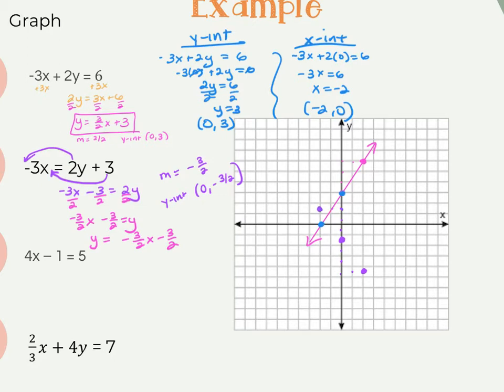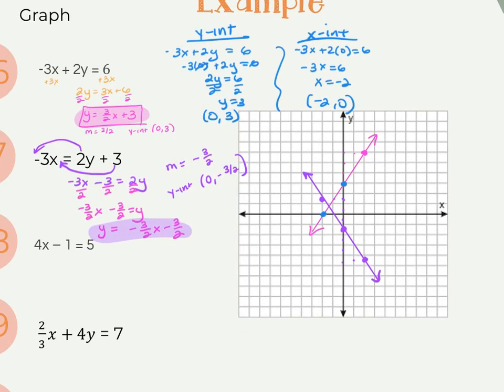Again, whichever one you choose to do doesn't matter. If it's negative, you can either keep it with the top or the bottom. You just can't do it for both. So this is the pink one. This is the purple one.